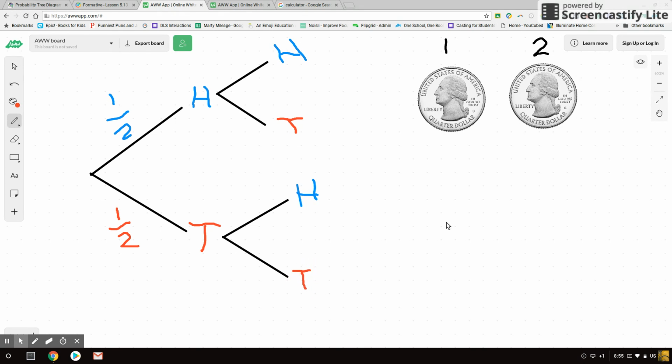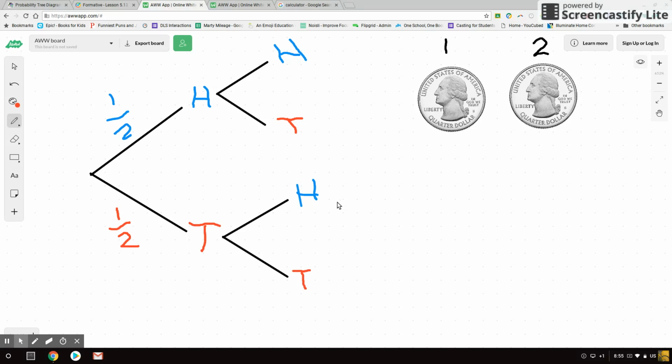So if we read this tree diagram, we can see that we have 4 possible outcomes for flipping these coins. The first outcome is heads, heads. The second is heads, tails. A third different outcome is tails and then heads. And a fourth outcome is tails and then another tails.